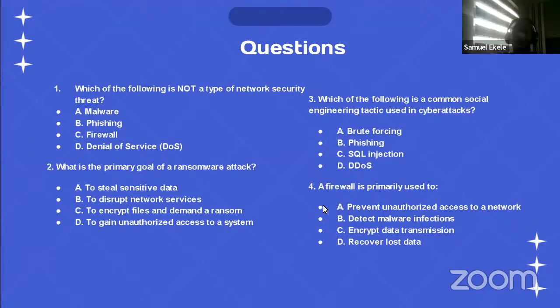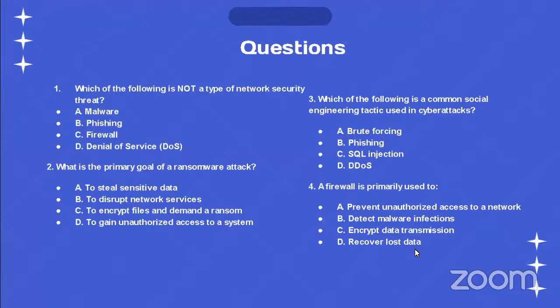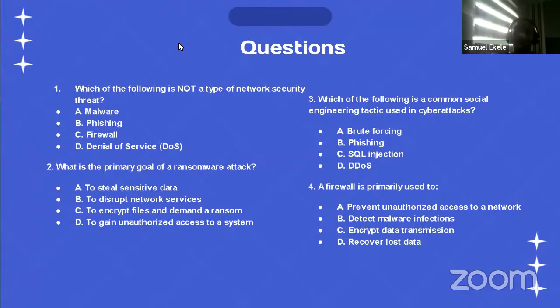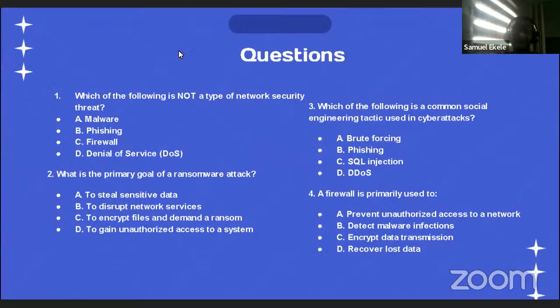That's correct. A firewall is primarily used to do what? Prevent unauthorized access to a network, detect malware infection, or encrypt data transmission. Prevent unauthorized access to a network. All right, that's correct. So if you don't have any questions for me, it means that we've come to the end of this presentation. Thank you.